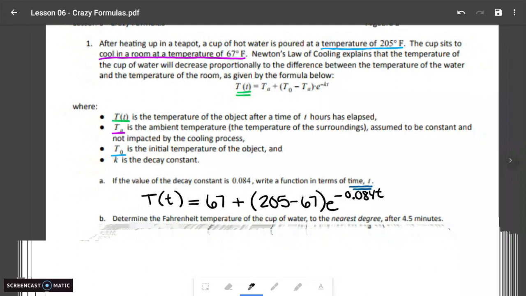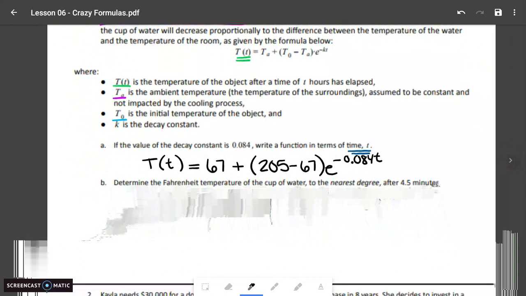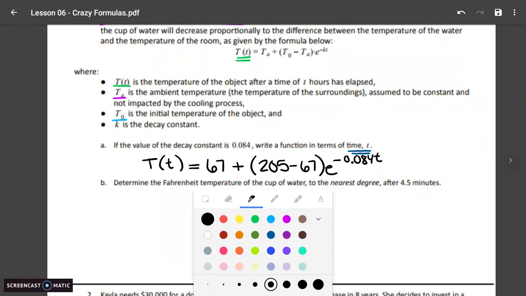Now we are going to go in and figure out the Fahrenheit temperature of the cup of water to the nearest degree after 4.5 minutes passes. That being said, we're just going to plug that piece in for t.